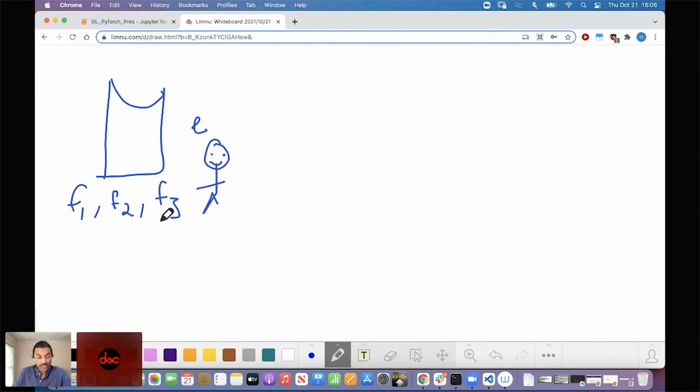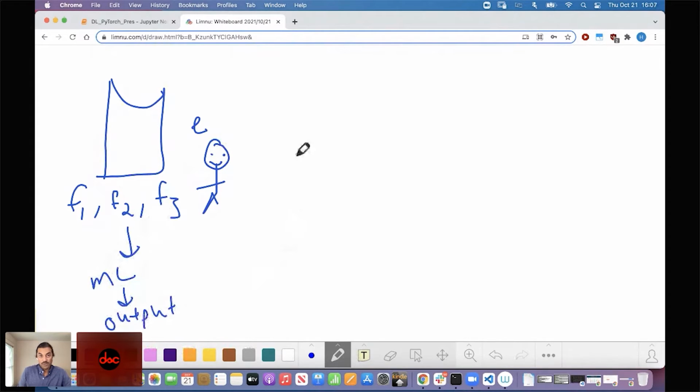Feature 3 is a mouth, etc. So in the old way, this expert would have to manually tell the computer, this is something called an eye. This is something called a nose. These are features of what you're looking at, and this is how you define it. It looks like this pixel, that pixel, so on and so forth. Once he did that, then finally he could put all this into his ML algorithm, and he would get some kind of output.